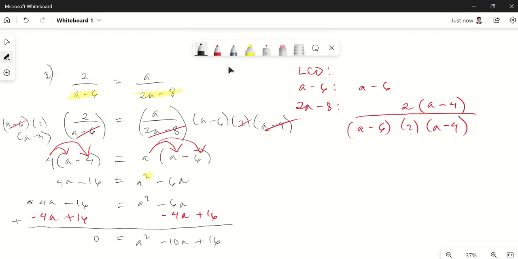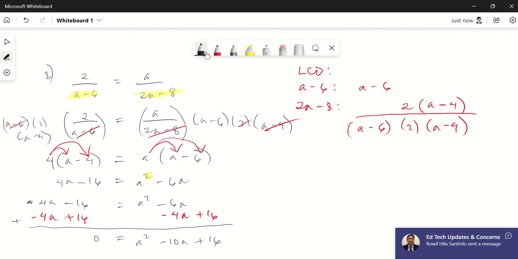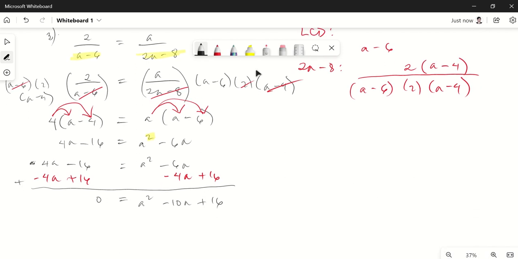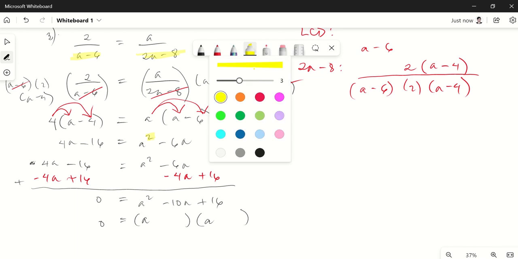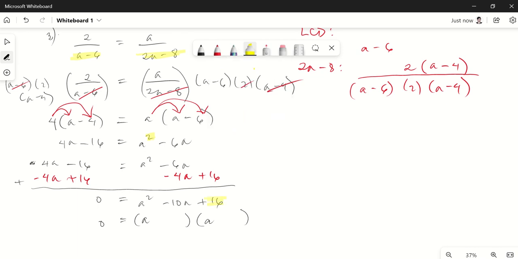Since it is a squared minus 10a plus 16, you need to factor out a squared minus 10a plus 16 using the general quadratic trinomial, or GQT. If you factor that out, there should be two binomials. The first terms must be a. And take note, the second terms of each of our binomials, if you multiply them, should result to 16.